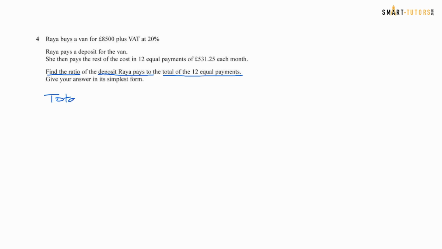So the total of the 12 equal payments is equal to 12 times £531.25, which you can work out with the calculator.